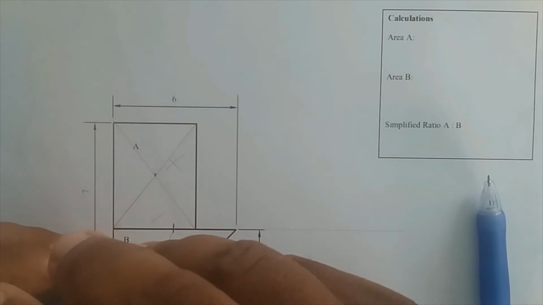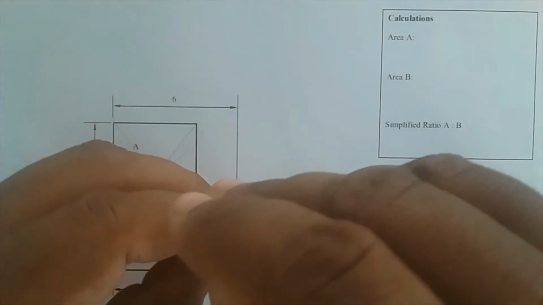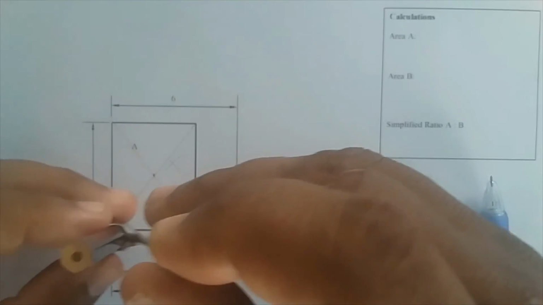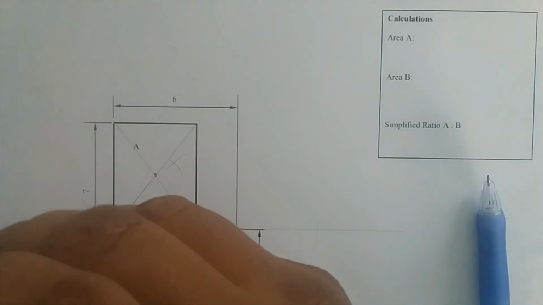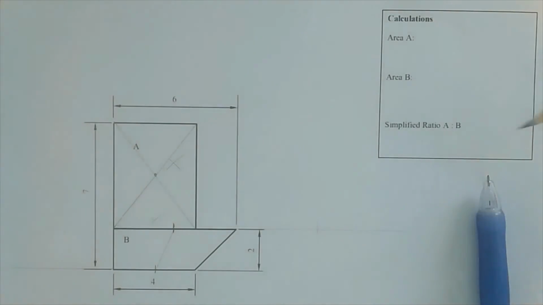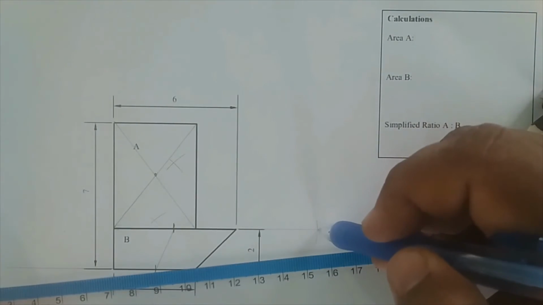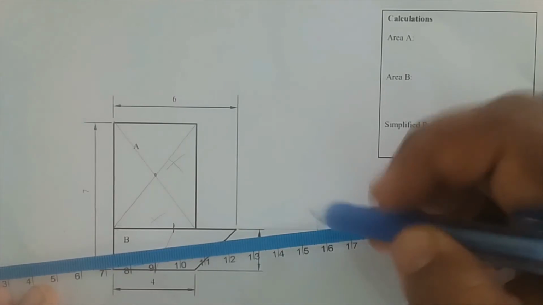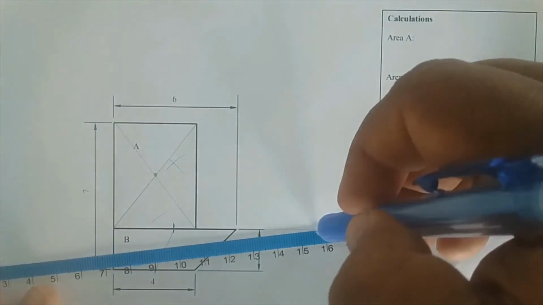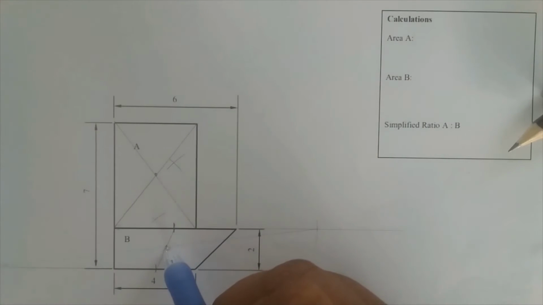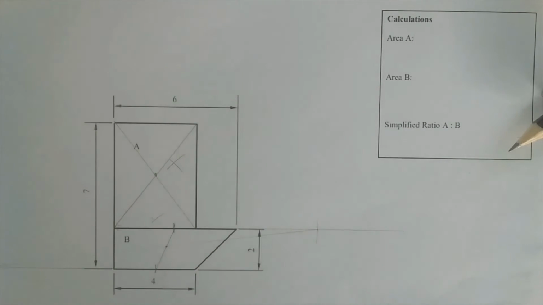Take this length and mark on your right. Take this length and mark on your left. Then you join these 2 points. The place where this line and this line intersect is your centroid for the trapezium.